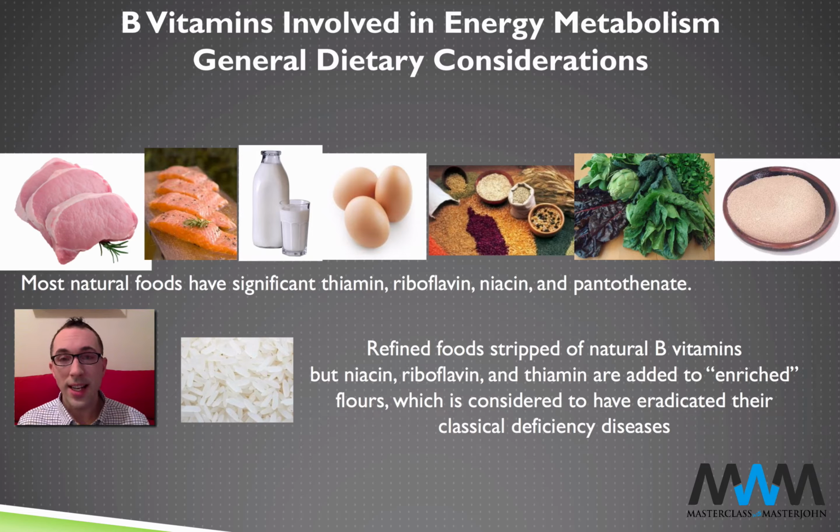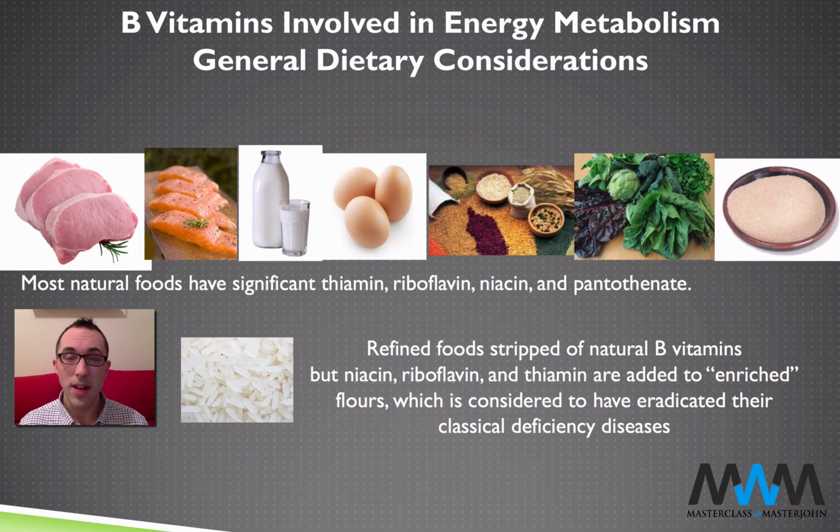Now, the refining of foods at the beginning of the 20th century removed the B vitamins from those foods, and the classical deficiencies that were studied at that time became rampant. Now, to try to counteract those historical deficiencies, we've added niacin, riboflavin, and thiamine to things like enriched rice and enriched white flour.